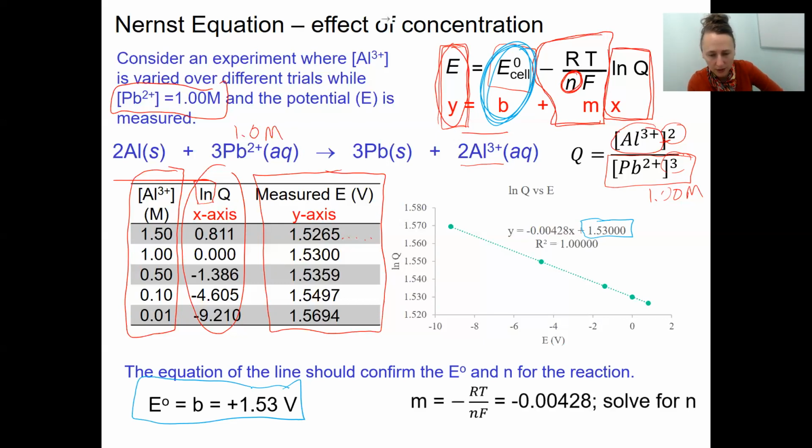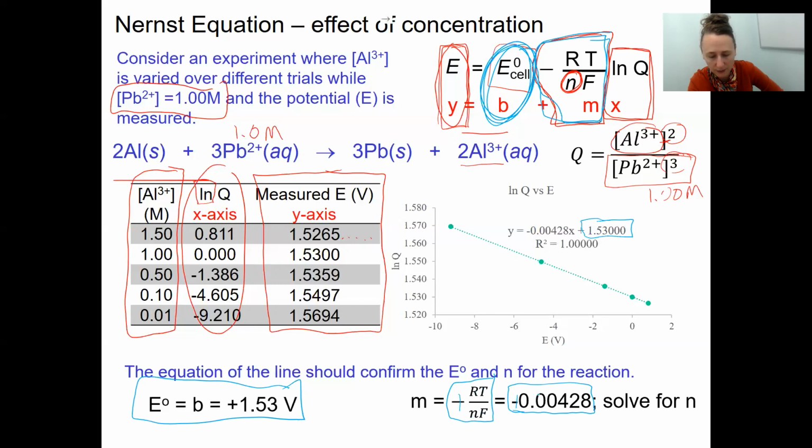The slope was equal to the negative RT over NF. So we want to solve for N. So if we plug in the slope we have here and set it equal to this, the two negatives will cancel.